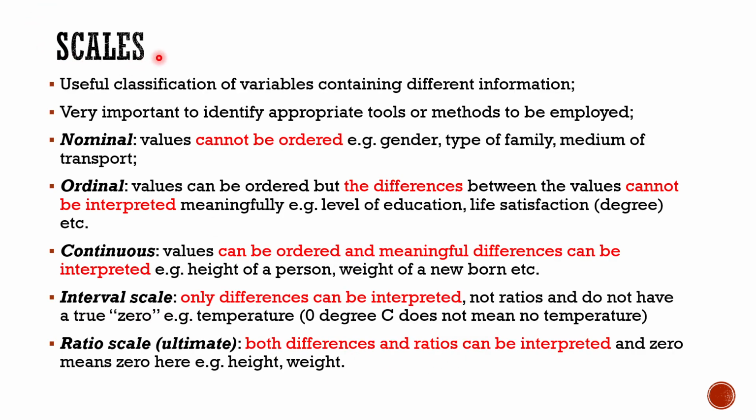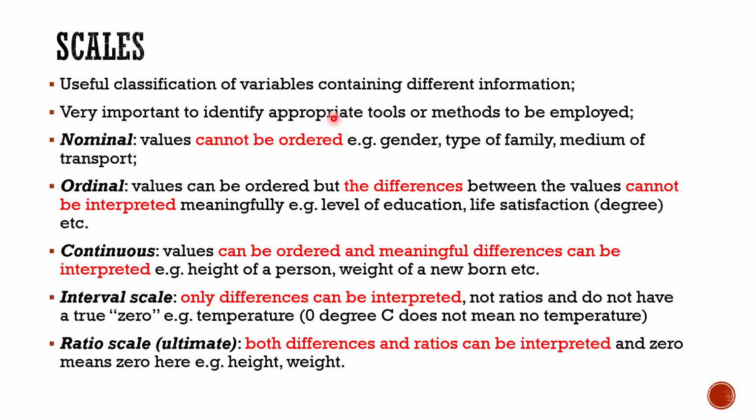Next are the scales, and these scales are very important if you want to use statistical software to analyze your data. It is a useful classification of variables containing different information.